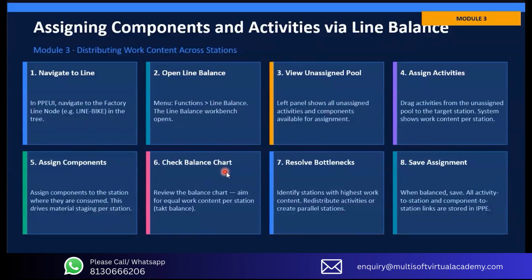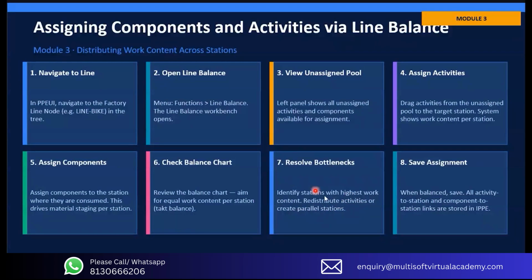Next is the check balance chart. You also have a chart here where you can see how the balancing is happening, how the activities and materials are assigned to the line balance. Aim for equal work content per station, which is a takt balance concept. You resolve the bottlenecks by identifying stations with the highest work content, then distribute activities or create parallel stations.